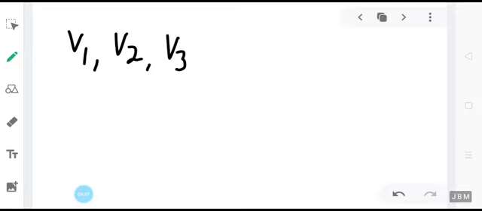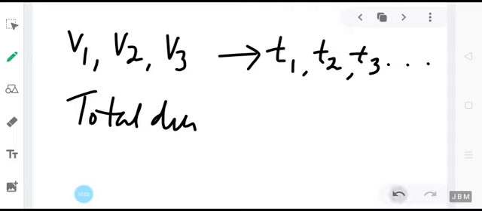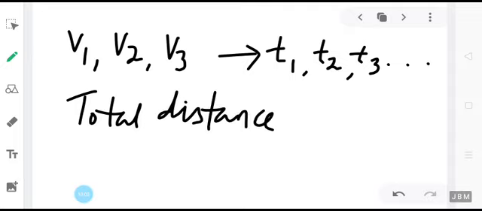Now if a particle travels with speeds v1, v2, v3 etc. during time intervals t1, t2, t3 etc. respectively, then total distance traveled.